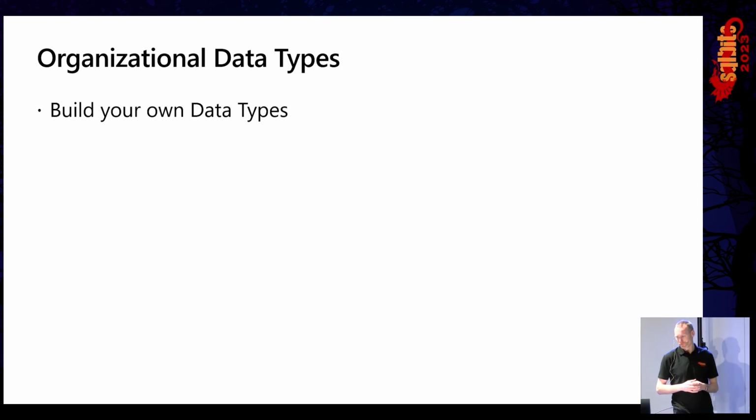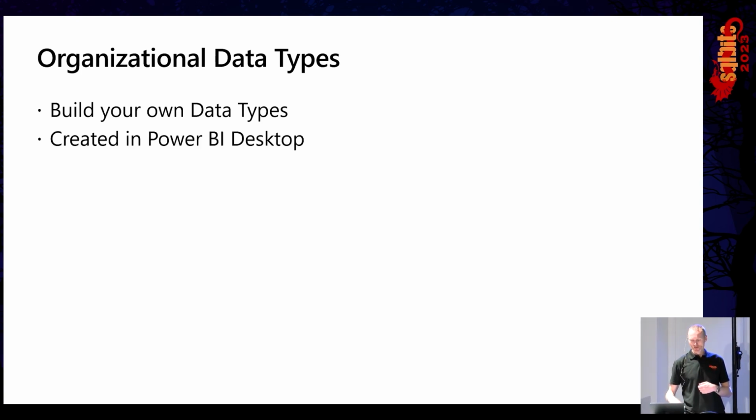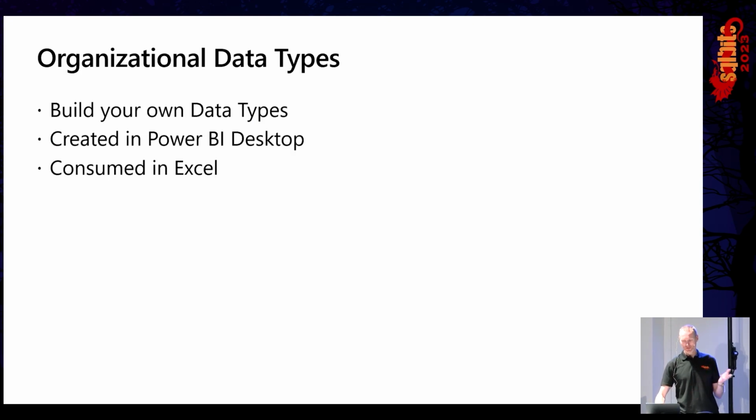I will also show you a few pre-built use cases you can use organizational data types for. But it's basically up to you what you want to include in these organizational data types. So if you would like to build your own geography data type showing something that is not in the built-in data type, you can do this using organizational data types. These data types are created in Power BI Desktop, and then they are consumed in Excel.